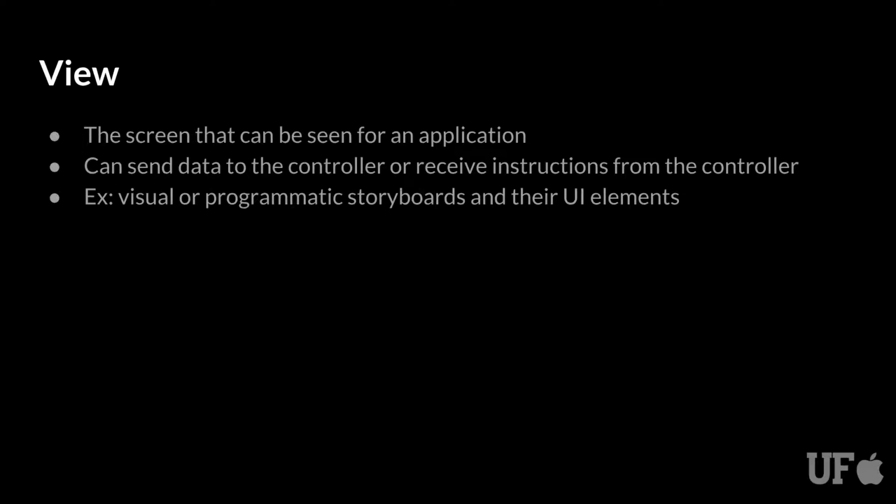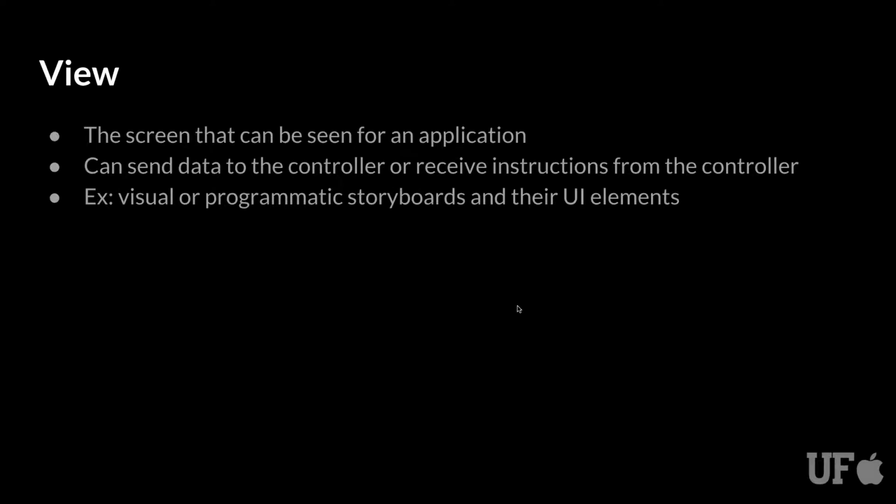Next thing is your view. This is what you actually see. Your view is going to take stuff that it receives from the controller and display it to the user. You can think of the view as one screen. If you're on Snapchat, let's say, one view would be the camera screen, and then you have separate views for the other two screens.